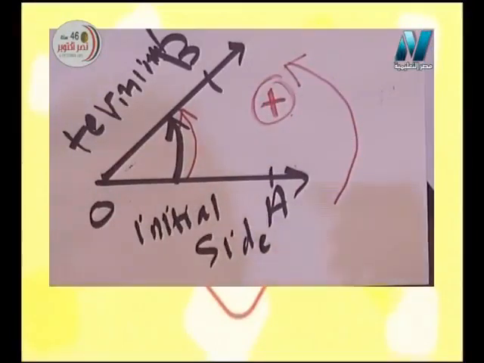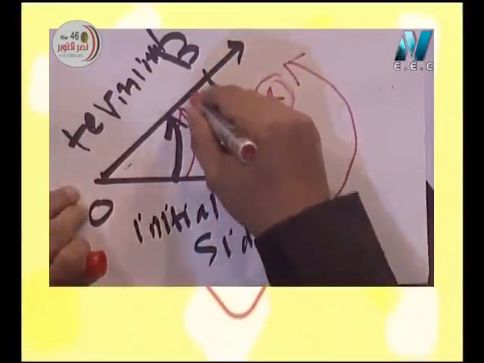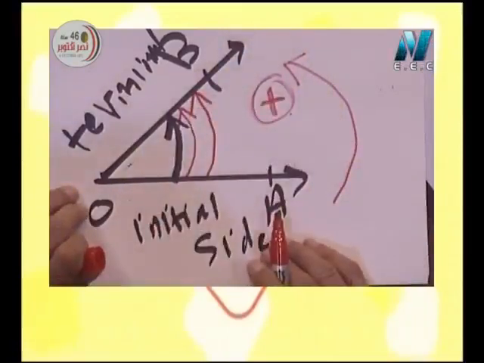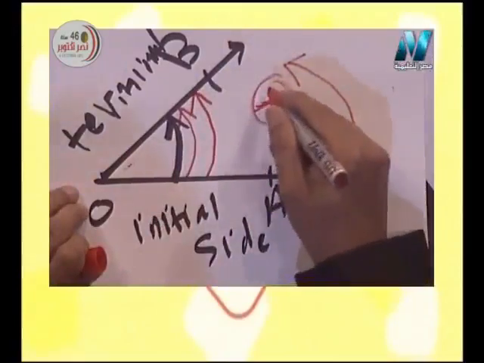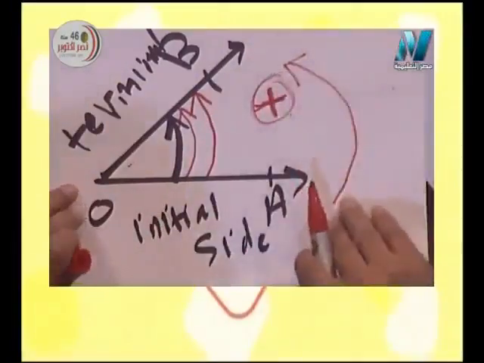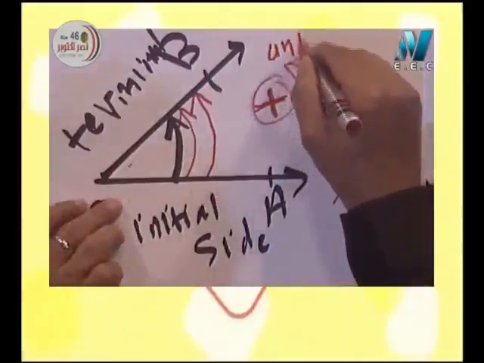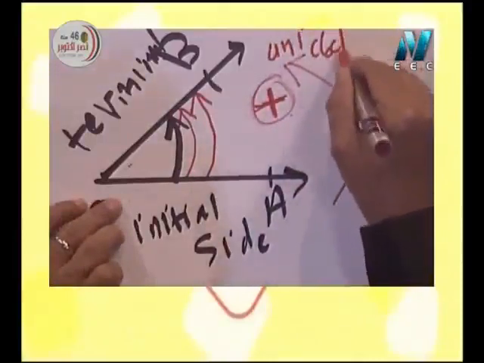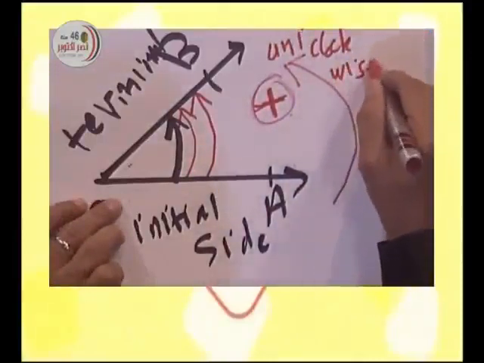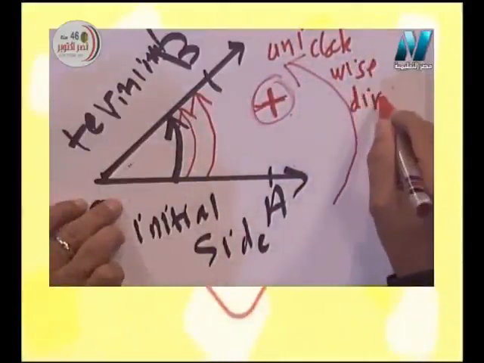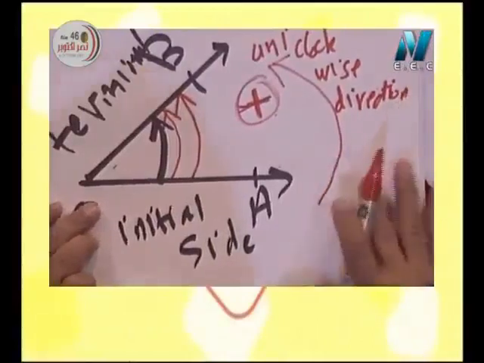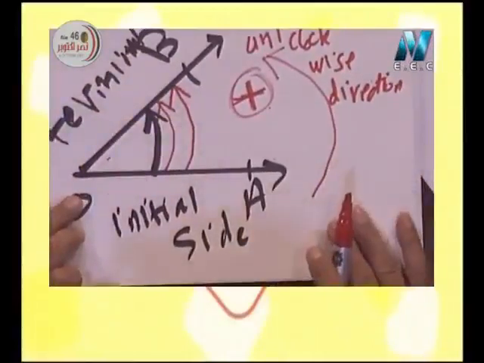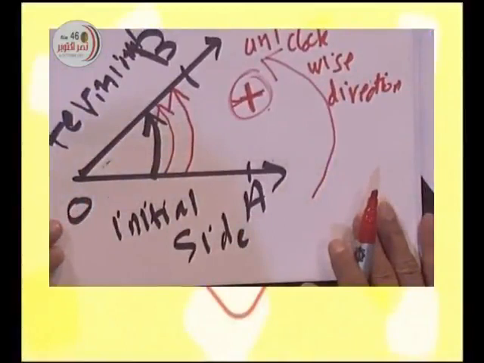When the direction of the angle is like that, it is a positive direction, and it is anti-clockwise direction. Okay, we have here the directed angle.